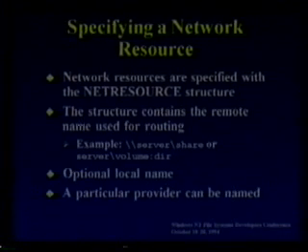The structure contains information like the path, the remote name of that particular resource, and the type of the resource, whether it's a file or a printer. Also, whether it's connectable, so that you can actually attach to it, and whether it's a container. If it is a container, you can use it for enumeration to browse further down.